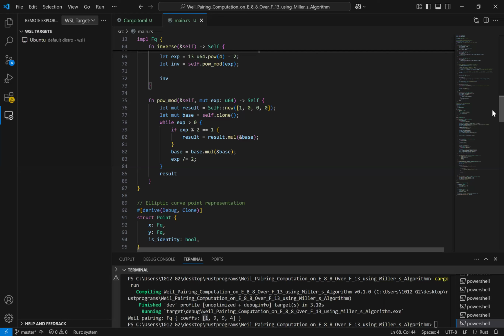You just multiply them, and then after multiplying, you check what the product is. If the product is 1, then they are inverses of each other. If the product is not 1, they are not inverses of each other.